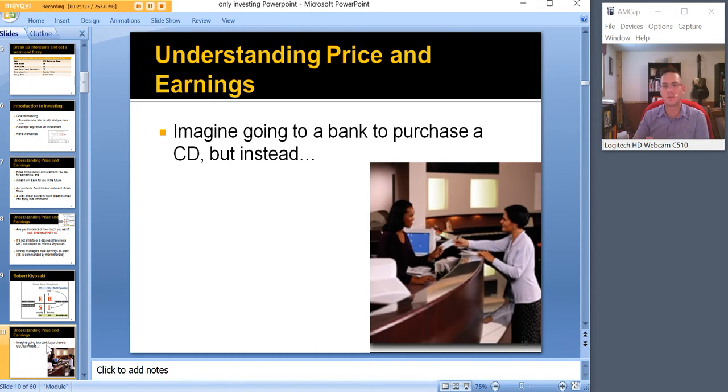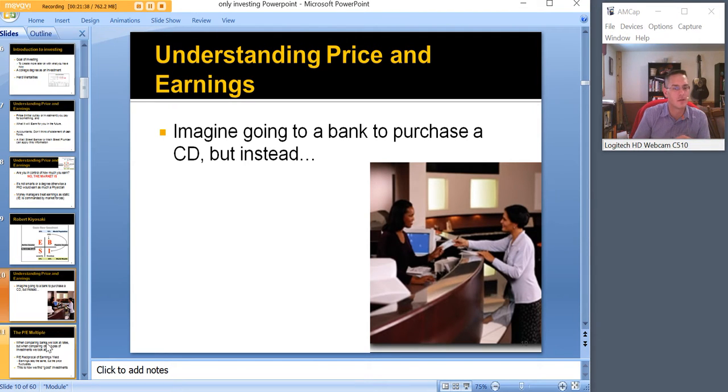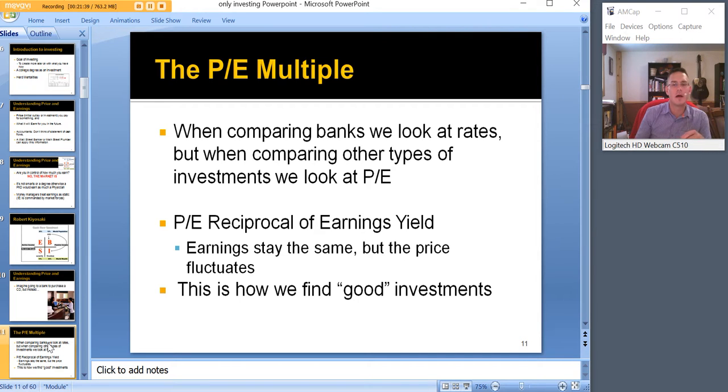That's how most of the bond market and the stock market work: you know what you're going to earn with it, then you have to determine how much you will pay for that. In other words, the price. When we do that, we can use a ratio or a number to contrast and compare all other types of investments.